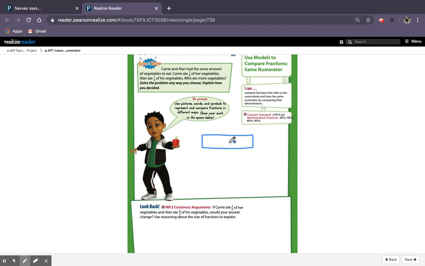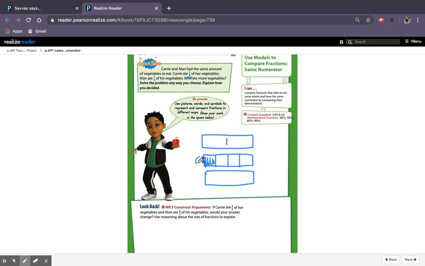So if this is one whole, I'm going to draw another one underneath and another one. So they're all basically about the same size. And then Carrie ate 1/4. So in hers, there's going to be 4 sections, and she ate one of them.